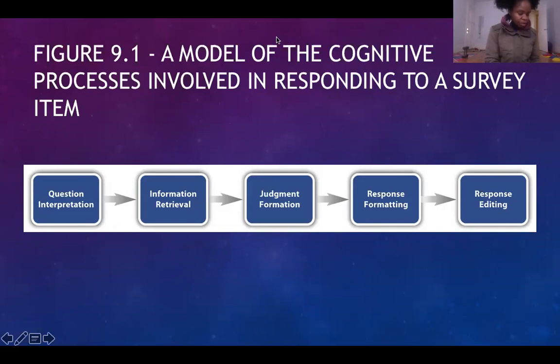Here, respondents must interpret the question, retrieve relevant information from memory, form a tentative judgment, convert the tentative judgment into one of the response options provided, and finally edit the response as necessary. Okay. So again, this is just a cognitive model of the process involved in responding to a survey item.